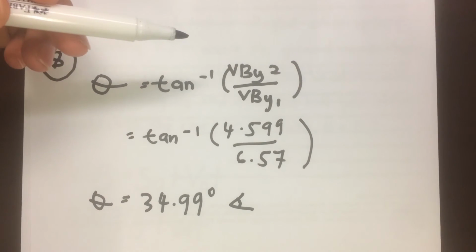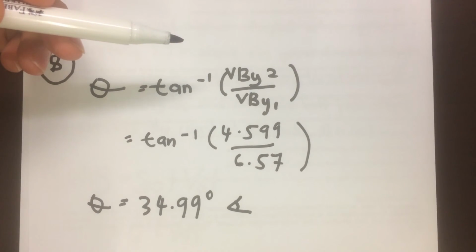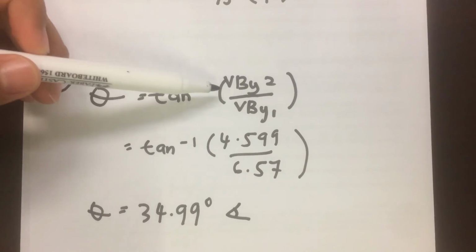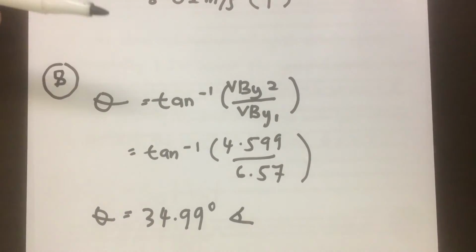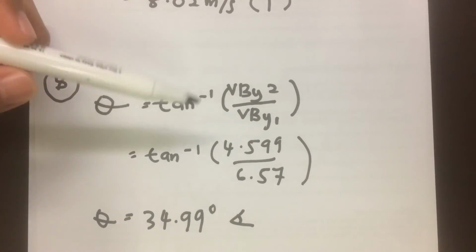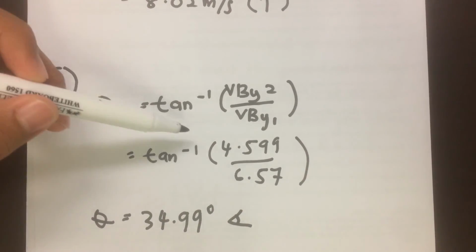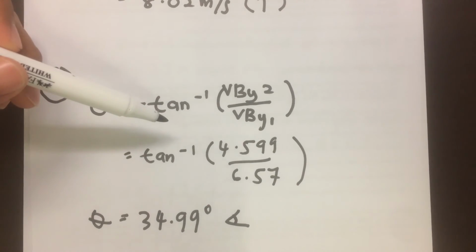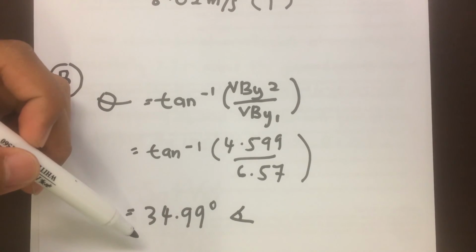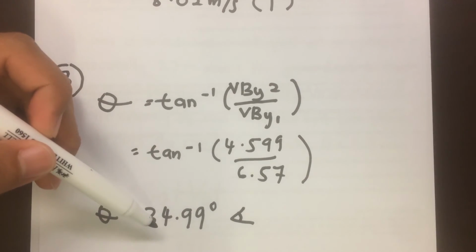From the values we got before, when we put them into the equation, theta is 34.99 degrees.